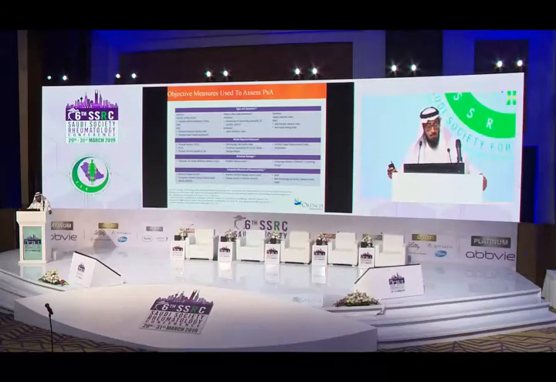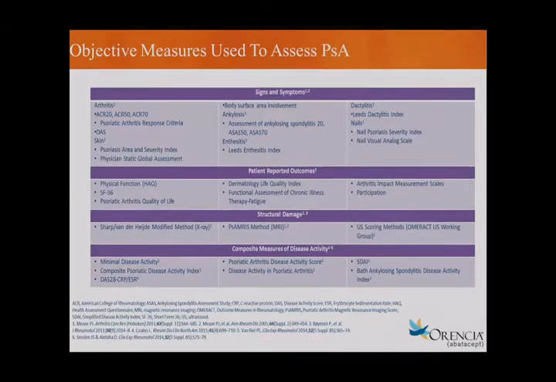Some of these scores are based mainly on patient-reported outcomes like the HAQ score and disability indices. And some of these tools are based on structural damage, like the ultrasound scoring system and the SHARP score.